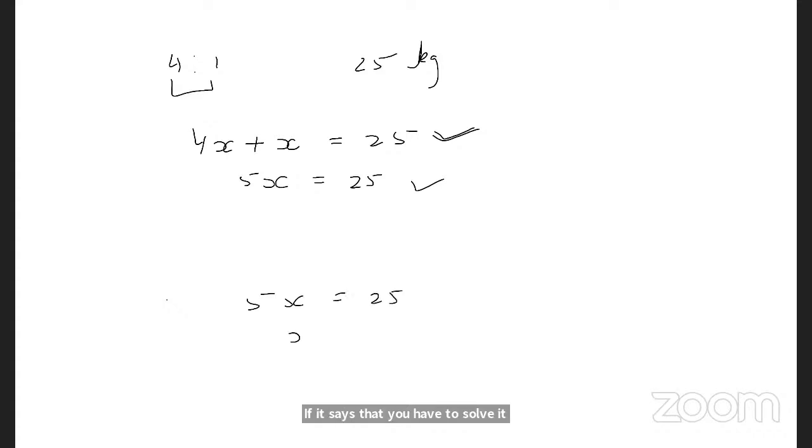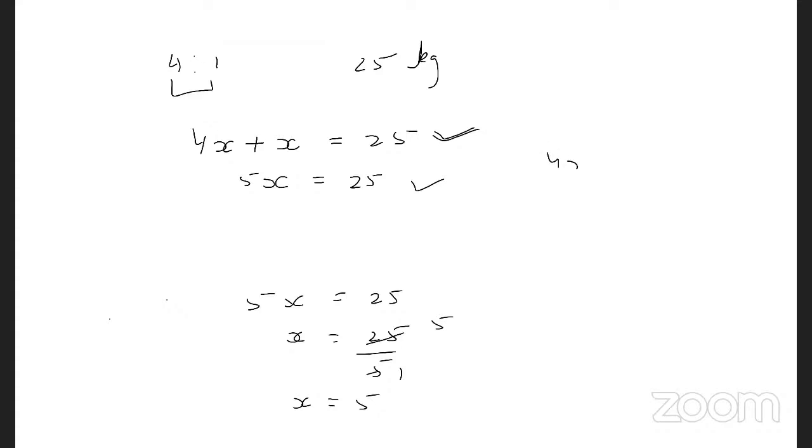25 upon 5, x equals 5. So 4x equals 4 into 5, that is 20.